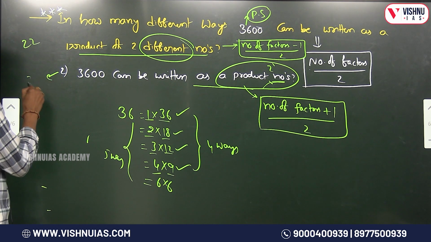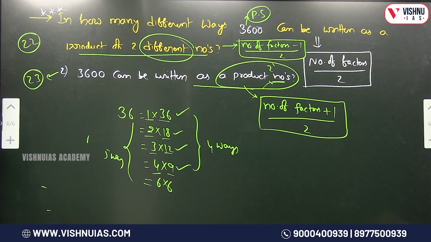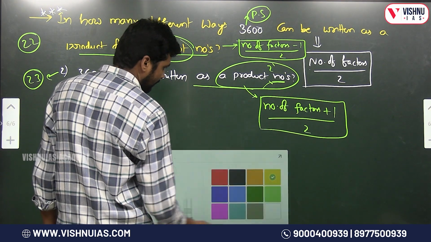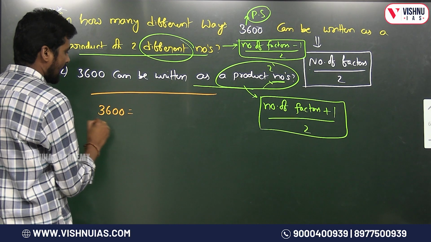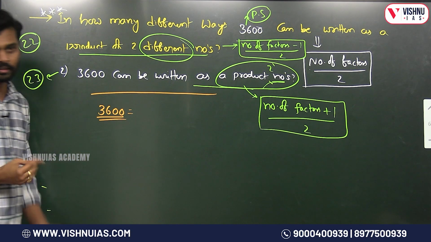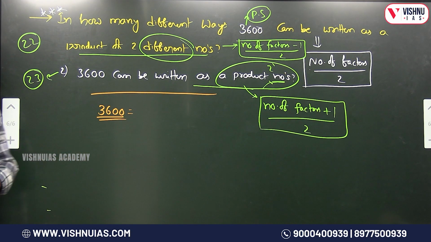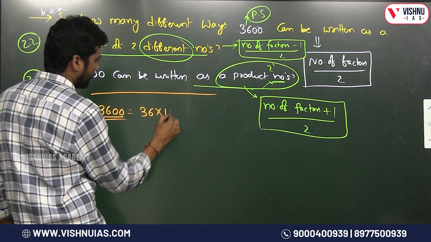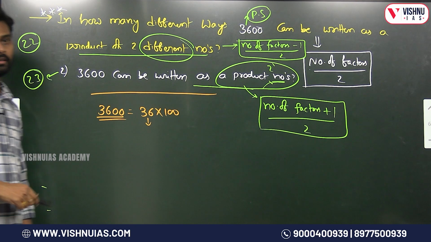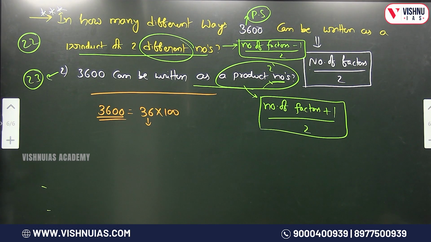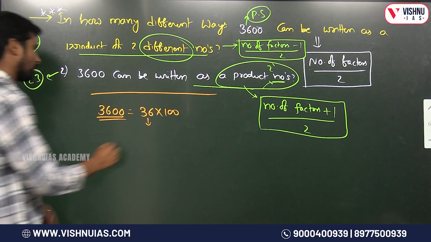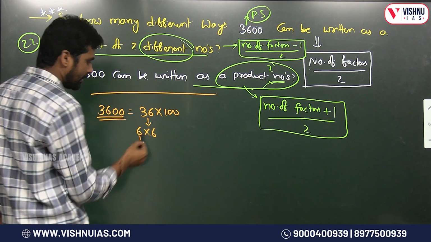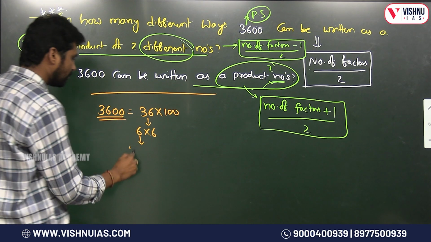22, 23 for the second case. Find out the values. 3600. So this is the first case and this is the second case. As usual, first write that number as a product of prime numbers. So 3600 is 36 into 100. Now tell me, how do you write 36? 6 into 6, and 6 is not a prime number, so 2 into 3, 2 into 3.